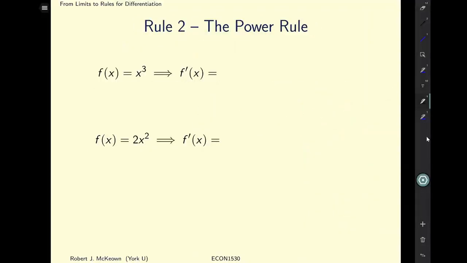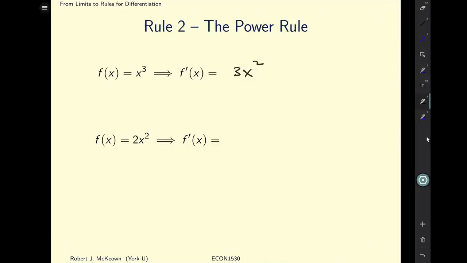So here are some examples of functions that we worked with in our introduction to calculus. So we've got x cubed, and we want to find its derivative. Well, I'm going to use the power rule, but you might remember from previous videos and from your homework that the derivative of this thing is equal to 3x squared.